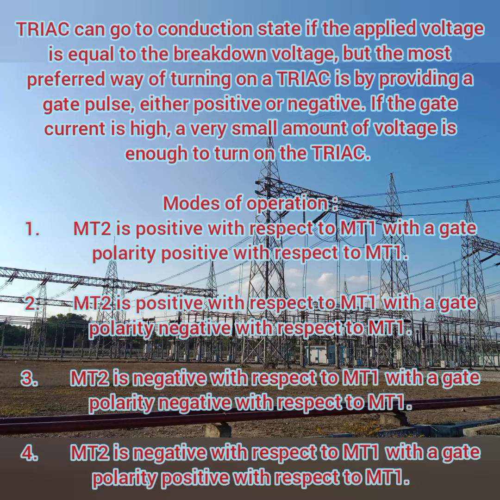Third, MT2 is negative with respect to MT1 and gate polarity negative with respect to MT1. Then MT2 is negative with respect to MT1 with gate polarity positive with respect to MT1. These are all the various modes of operation in the TRIAC.